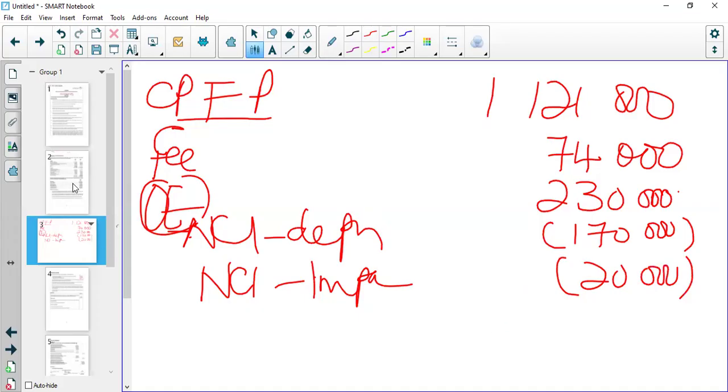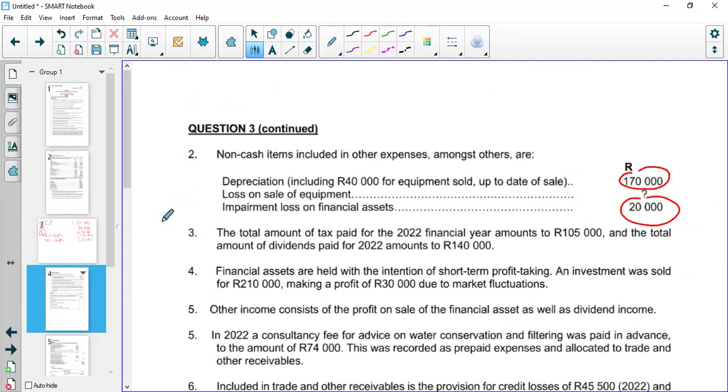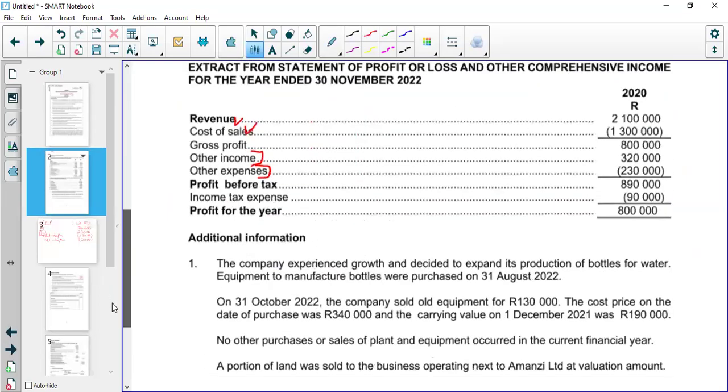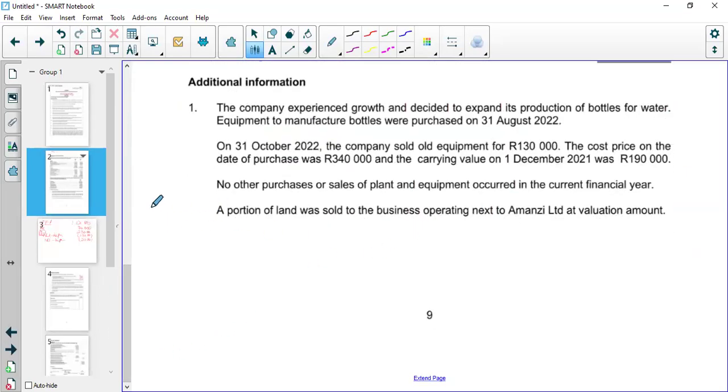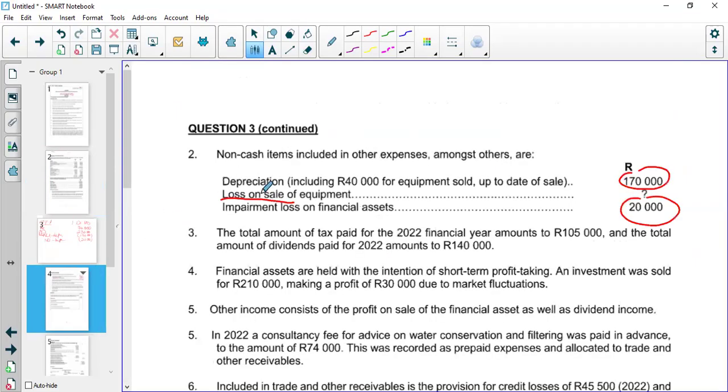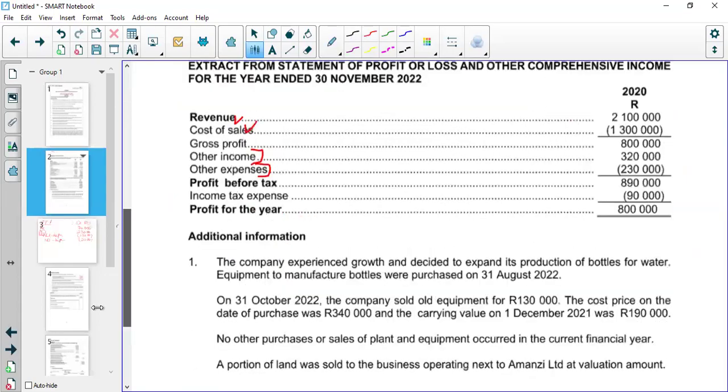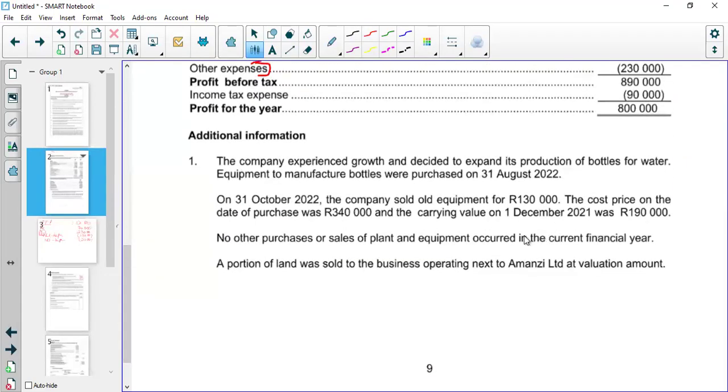Then we have a job to calculate, because we are told here, they were very kind to say loss on sale. How much was it? So let's listen to the story of the sale. It's really easy. It was supposed to be difficult because 40,000 rand for equipment sold up to date of sale. So depreciation for the equipment sold is 40,000 rand. So the carrying amount of the asset, so the asset was 340,000.